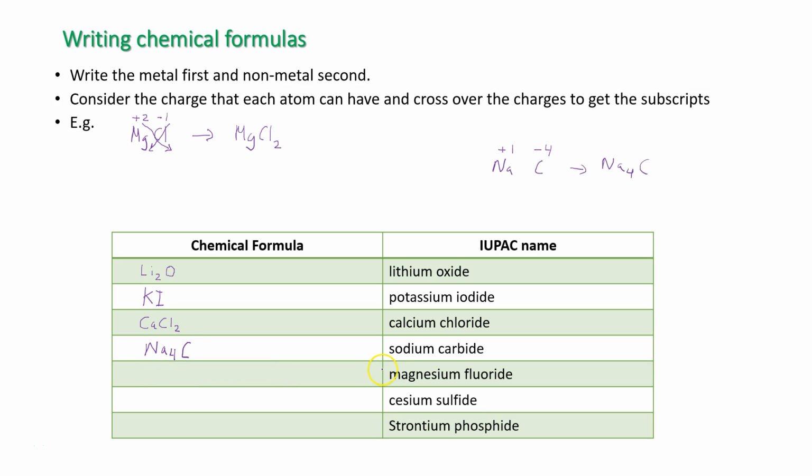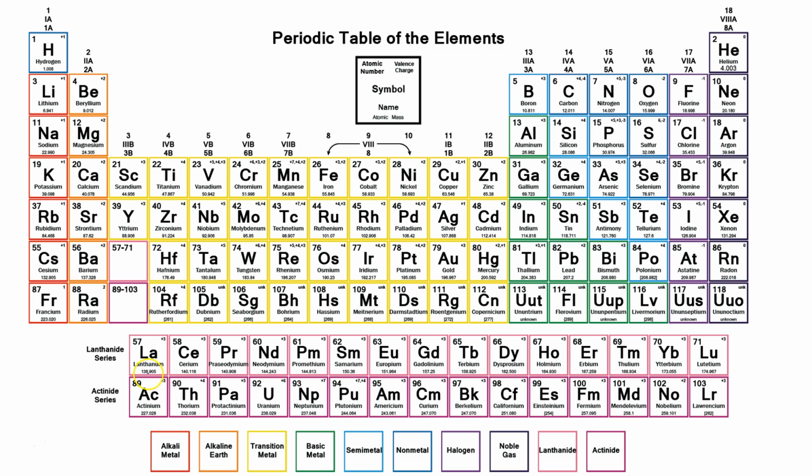Going on to magnesium fluoride. Magnesium has a charge of +2. Fluorine has a charge of -1. So we're going to get MgF2. And then going to cesium sulfide. Cesium, take a look at where it is.